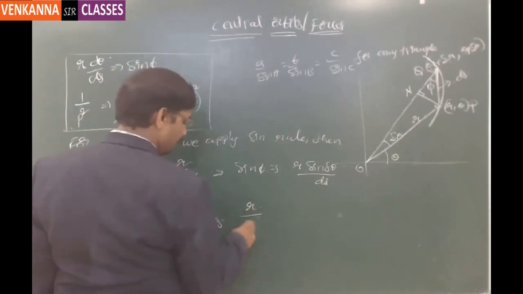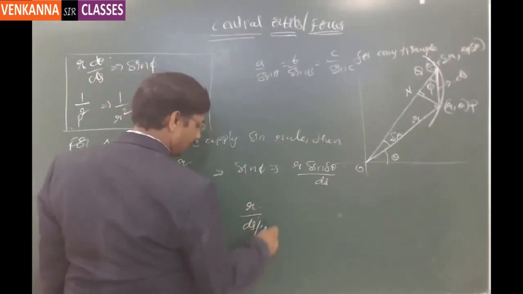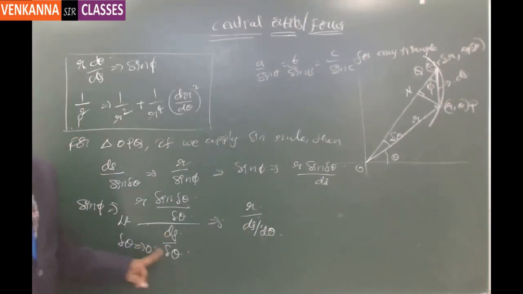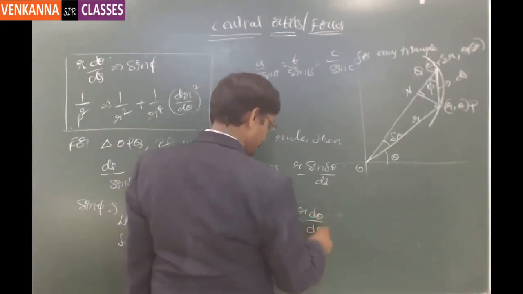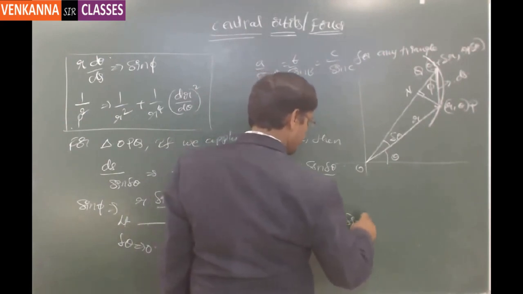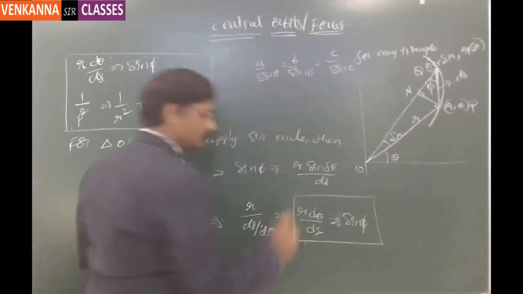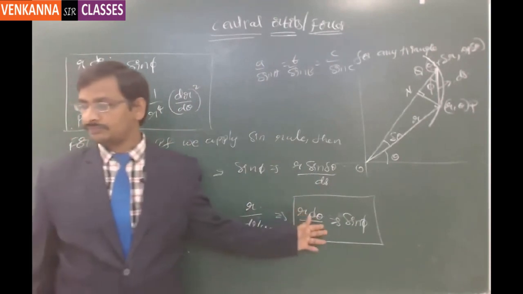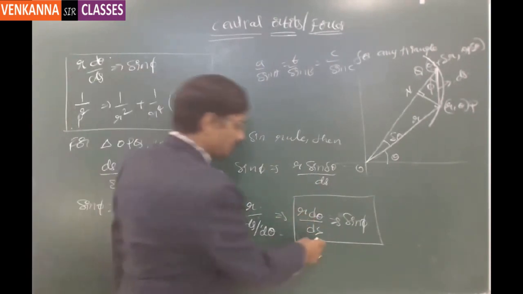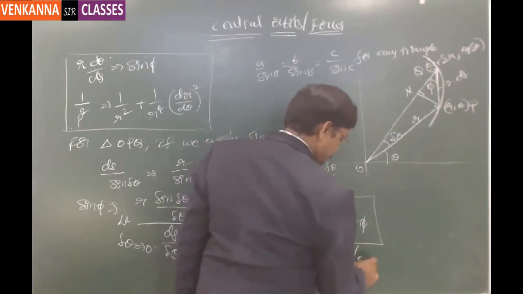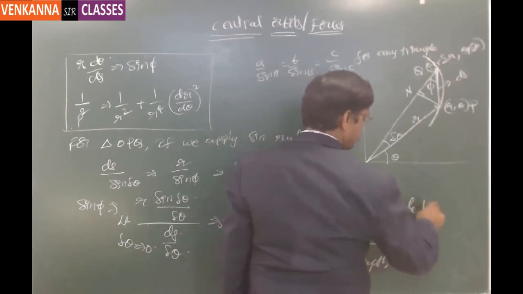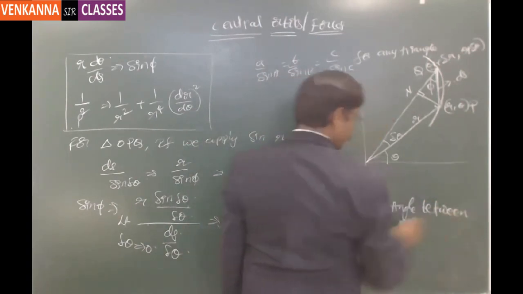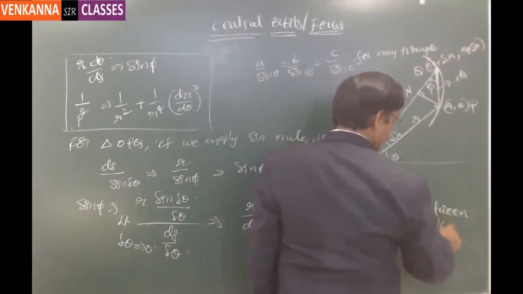So r divided by ds by d theta, where delta s by delta theta with delta theta tending to 0 you can call ds by d theta. So from this, r d theta by ds is equal to sin phi. This is one important relation, and it is applicable for any kind of curve. Got it? Here ds is the arc length and phi is the angle between r and the tangent at r.